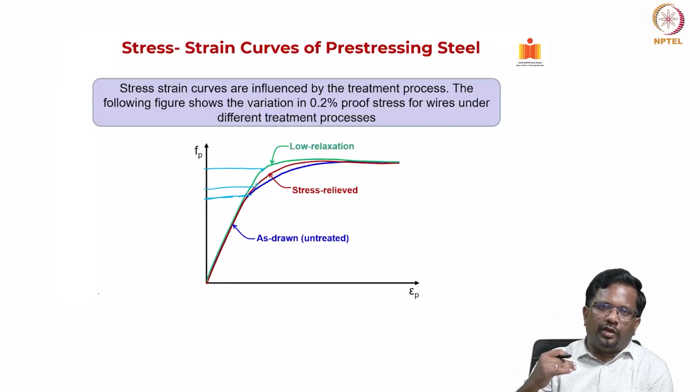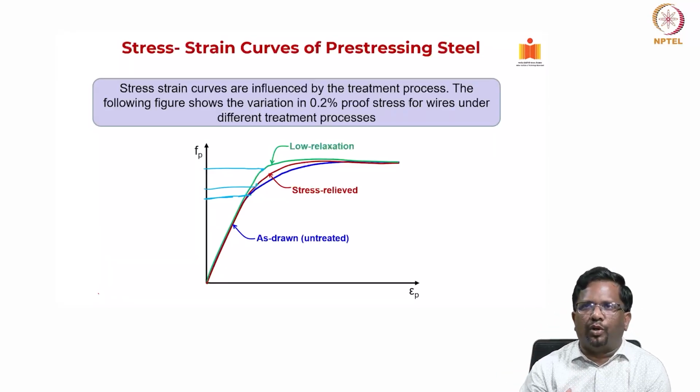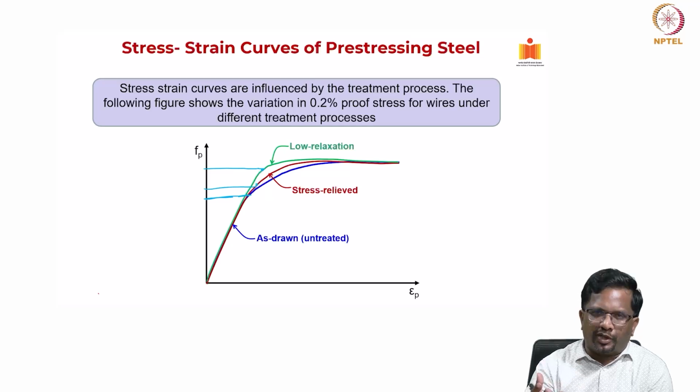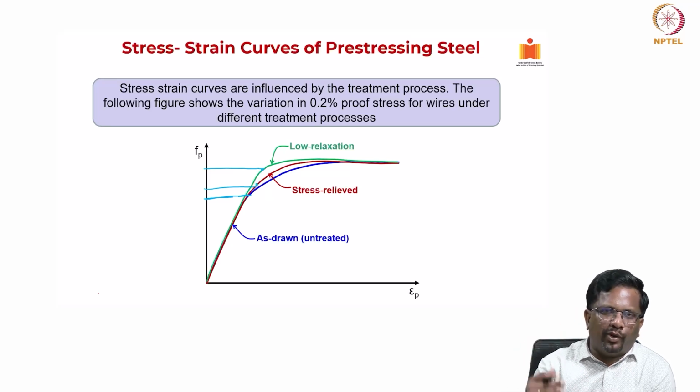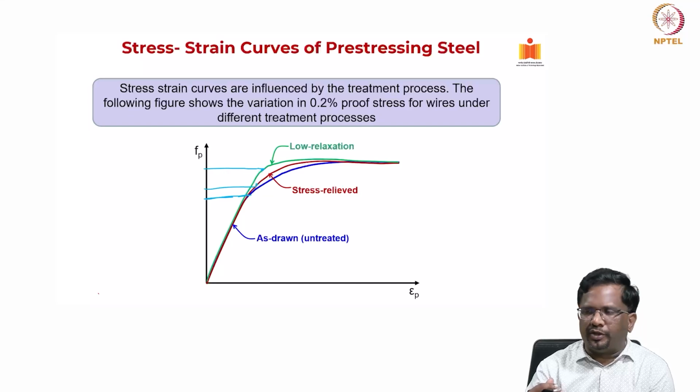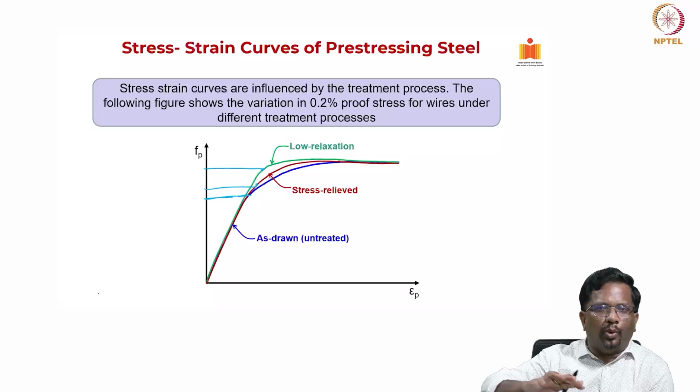That limit of proportionality is going to go up if you do the treatment process better. So, as drawn, untreated wire will have lower limit of proportionality, but for the ultimate strength there is not a big change. Only from the limit of proportionality to the highest strength, it is taking a lower stiffness, right.